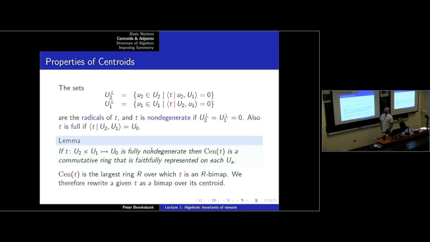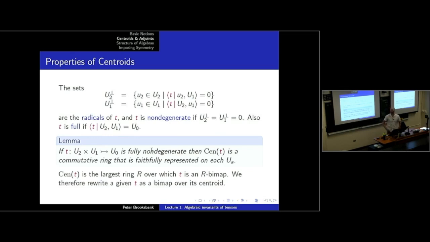In all of the problems that we're interested in over the next couple of lectures, it's a fairly routine affair, if you don't have a fully non-degenerate tensor, to reduce to a fully non-degenerate tensor without too much trouble. I won't go into the details of how that happens, but take my word for it that it does, and for the sake of argument we'll assume from now on that a tensor is fully non-degenerate.